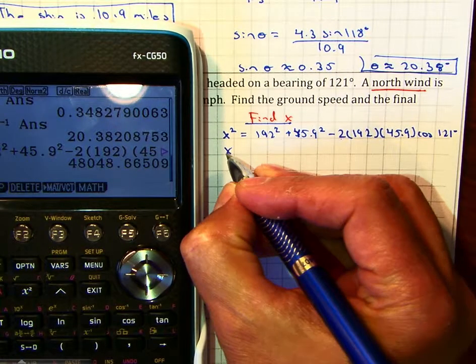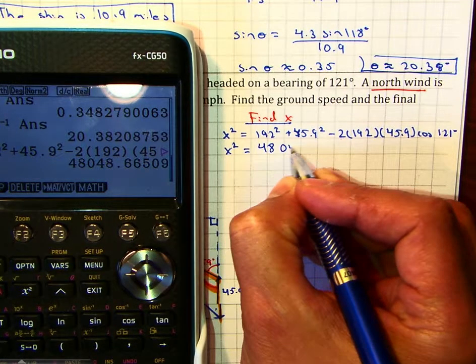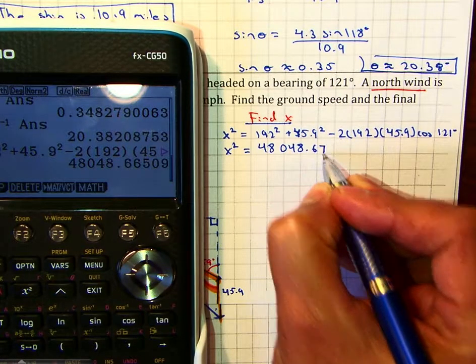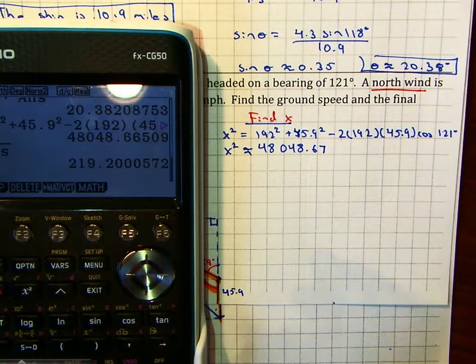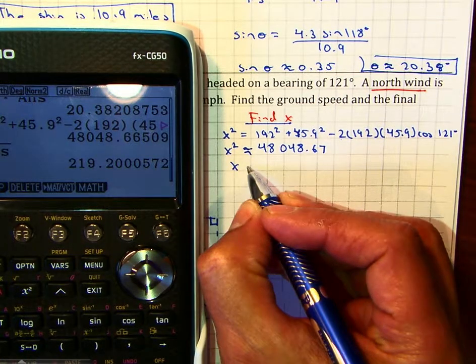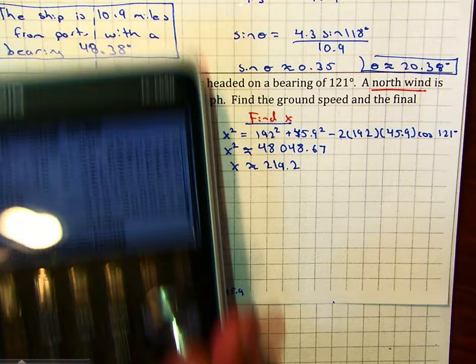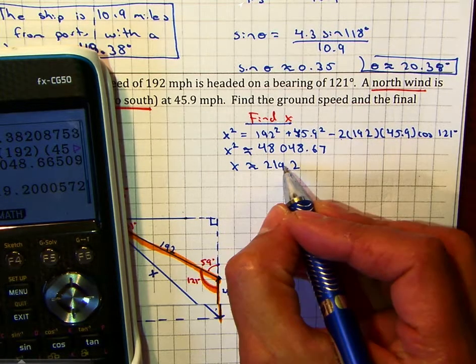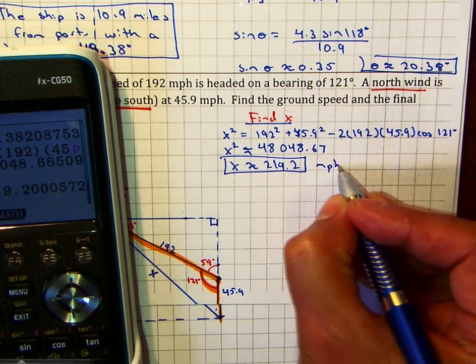So therefore, x squared is equal to 48,048.67. That's an approximation. I'm going to take the square root of my answer. So therefore, x is approximately 219.2. And they have no decimal places, so I'll leave it as 219. And this will be miles per hour.